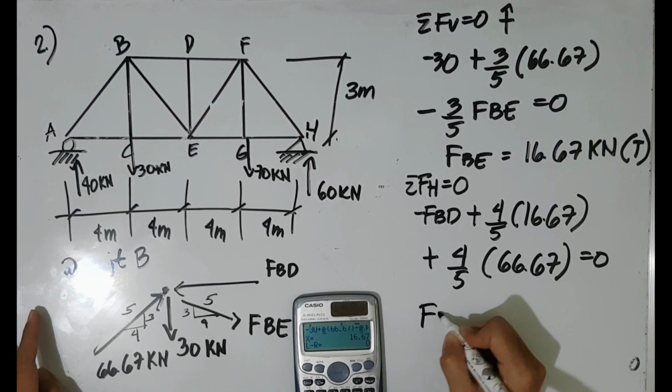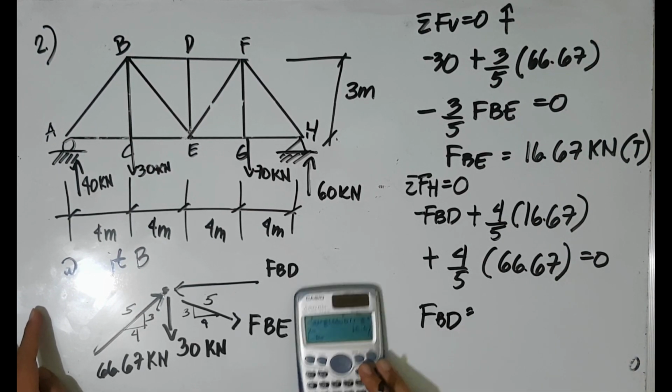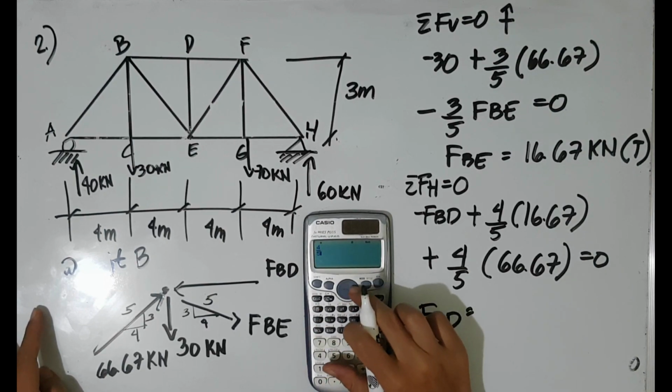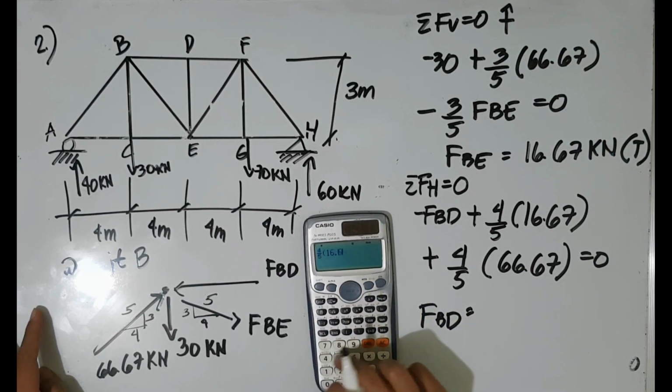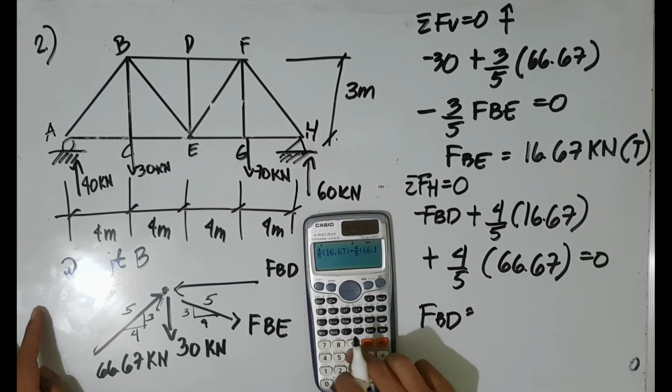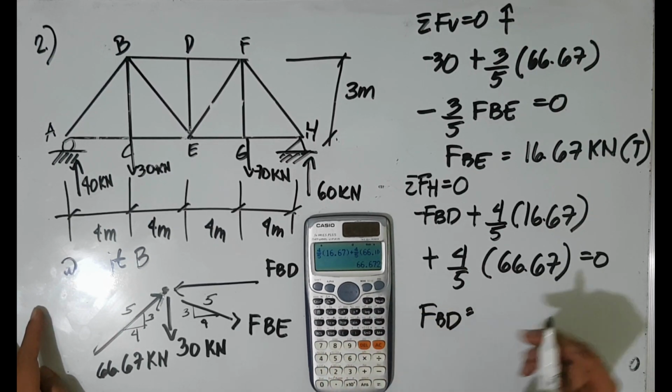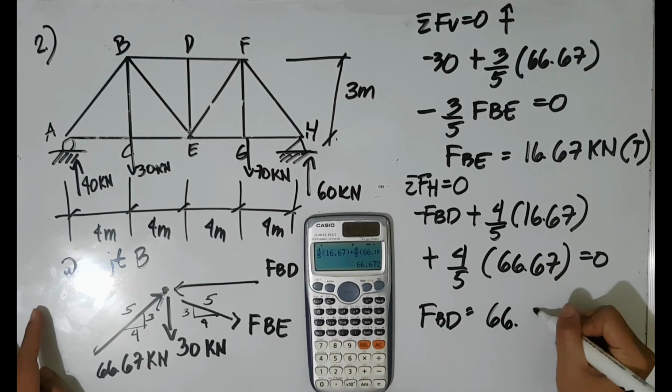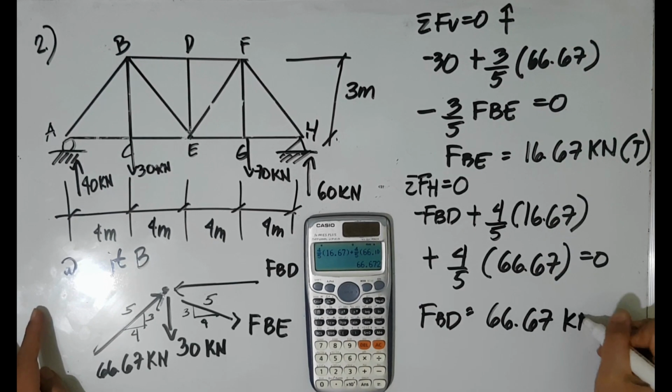Therefore, our force BD is now equal to 66.67 kilonewton in compression.